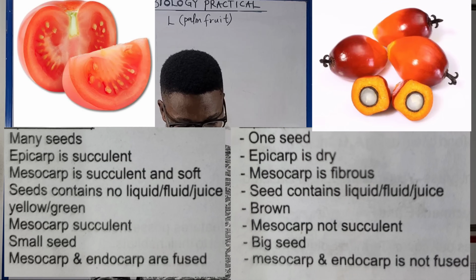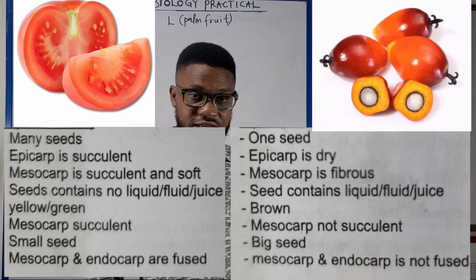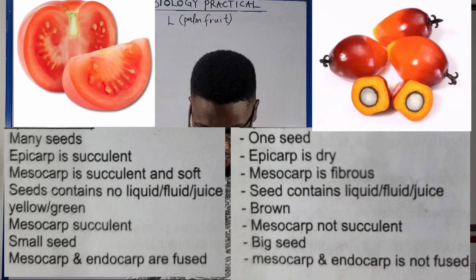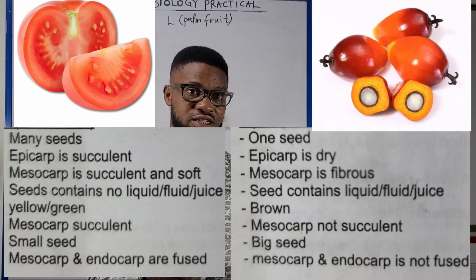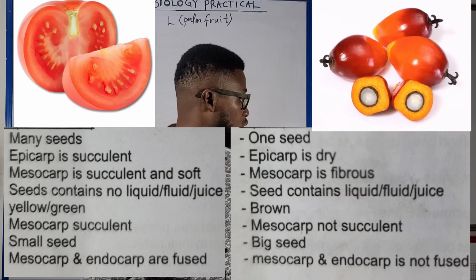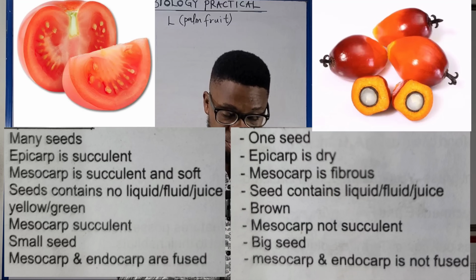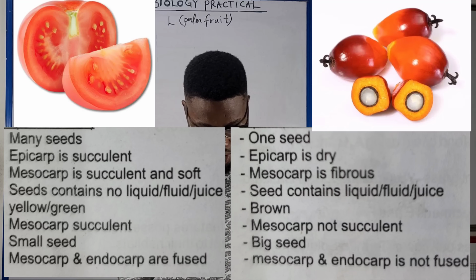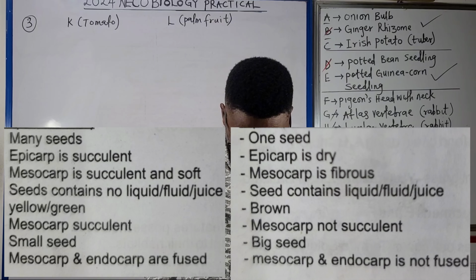When you look at the tomato, it is the tomato fruit. It is usually red. Sometimes it can be yellow and it can be green depending on which one you're given on the day of the exam. But when you look at your palm fruit, it is somewhat brown. Also, I've talked about the mesocarp.